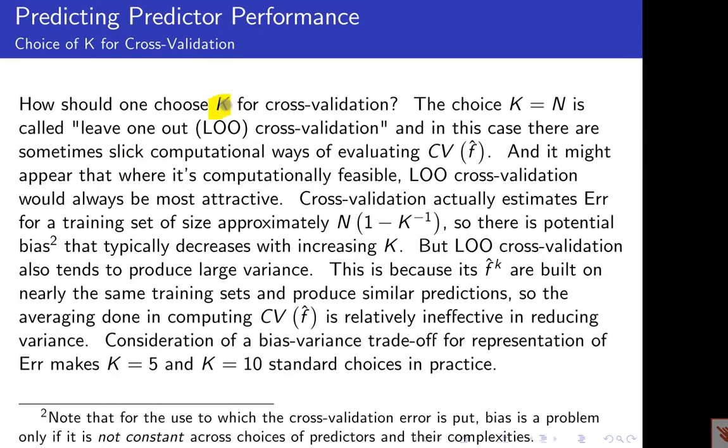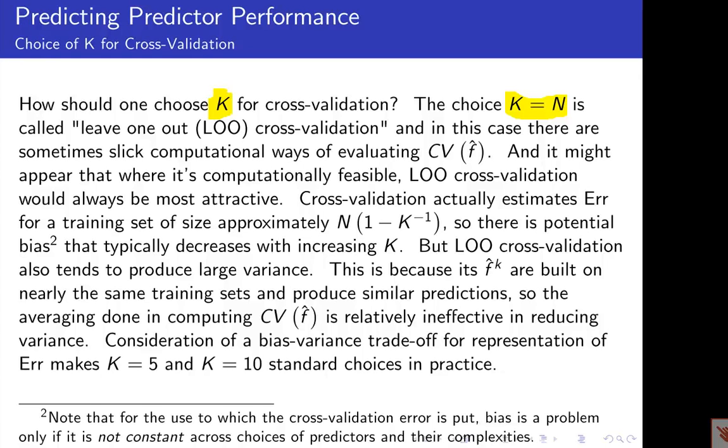A question that has to be answered here is, how does one choose the number of folds for cross-validation? If I make a fold for each data point, that is, I leave out data point number 1, fit, leave out data point number 2, fit, leave out training data point number 3, fit, and so on.